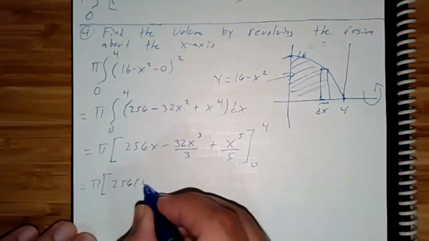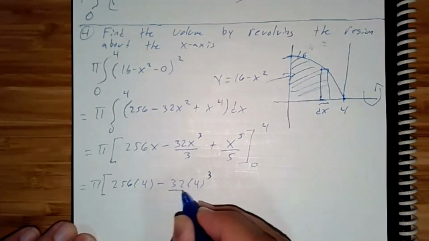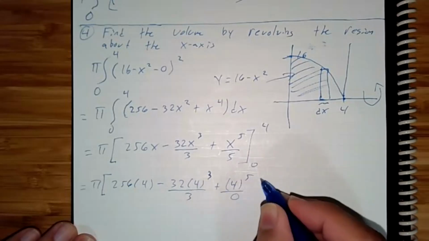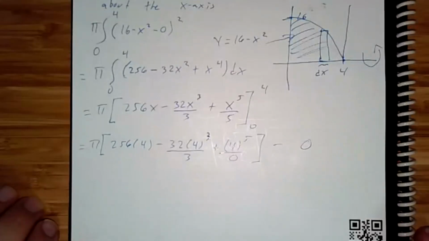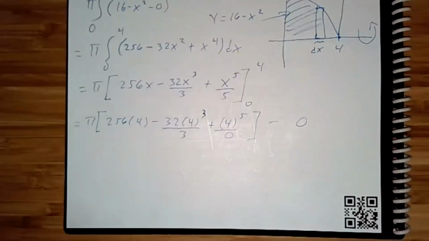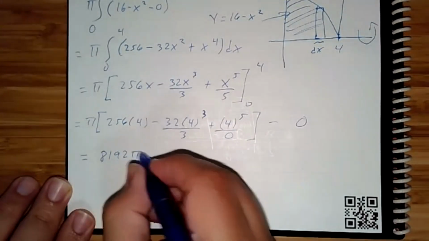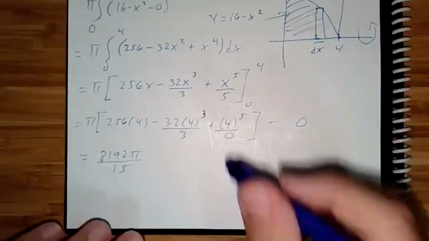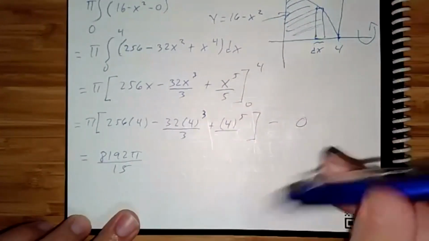That'd be 256 times 4 minus 32 times 4 cubed over 3 plus 4 to the 5th over 5, minus 0. So that should be 8192 pi over 15. I don't know why I put a 0 down there. It's funny.